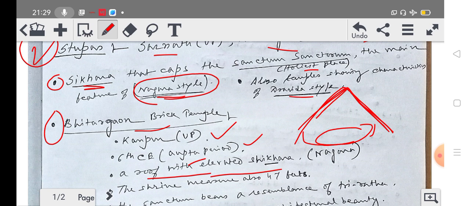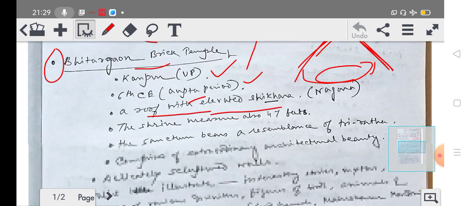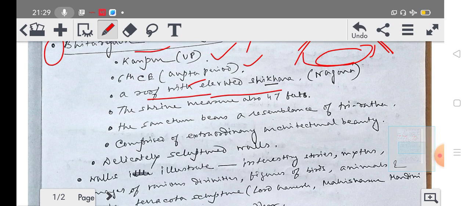And then the fourth point under Bhitargaon brick temple: as the name suggests, it is made up of brick. The shrine measures 47 feet. The temple measures in height 47 feet.